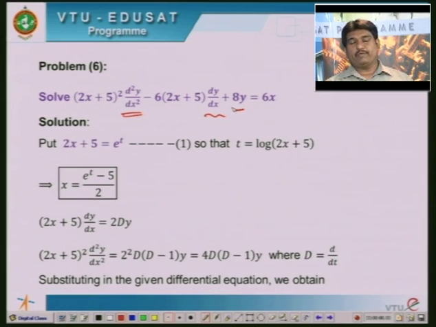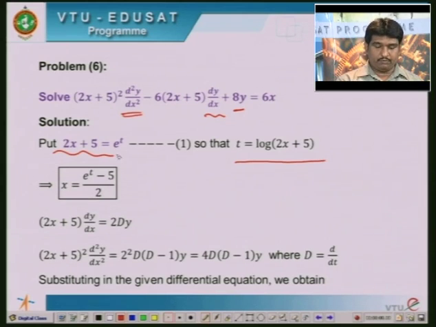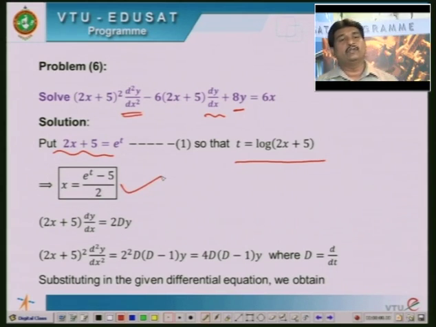This equation can be converted to a linear differential equation with constant coefficients using the substitution 2x + 5 = e^t, so that t becomes log(2x + 5) and x becomes (e^t − 5)/2.